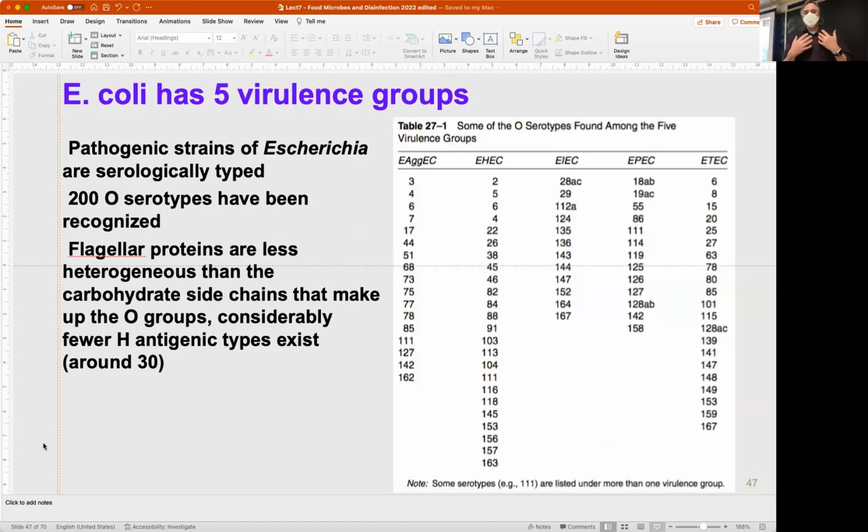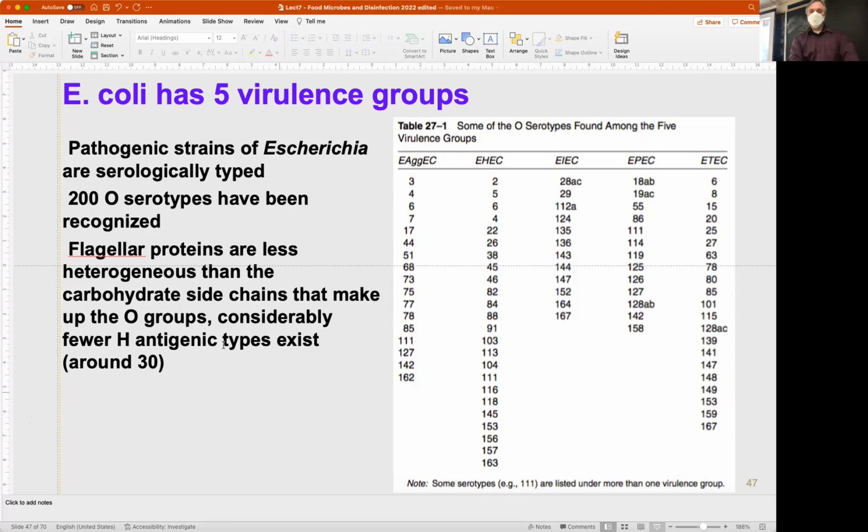I just want to share where the 157 comes from in this picture. There are lots of different kinds of bacteria, including E. coli bacteria that survive. A whole bunch of different serotypes have been tested against these bacteria, and they've got 200 so far.